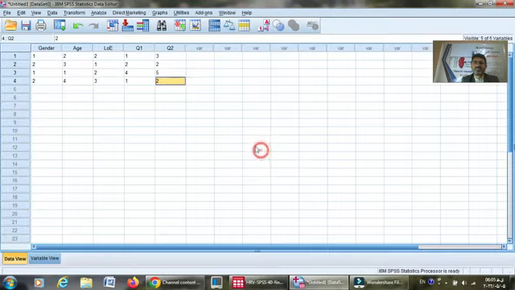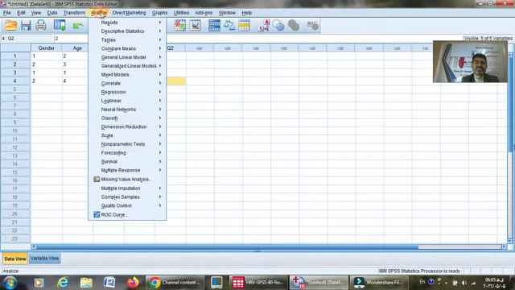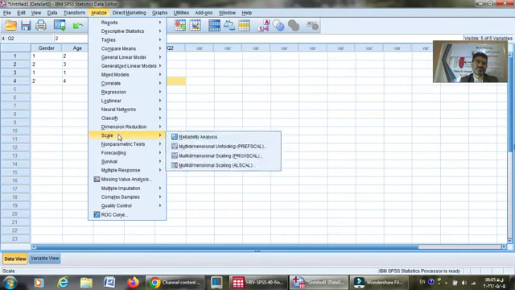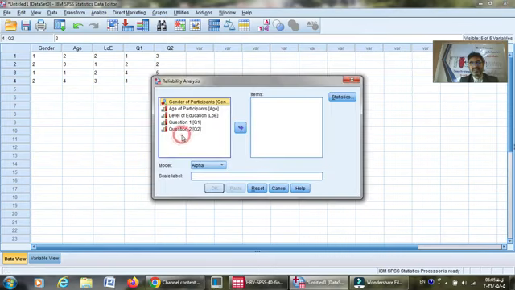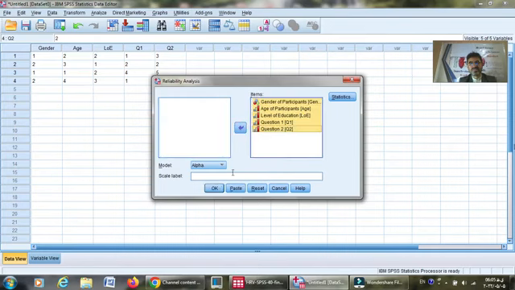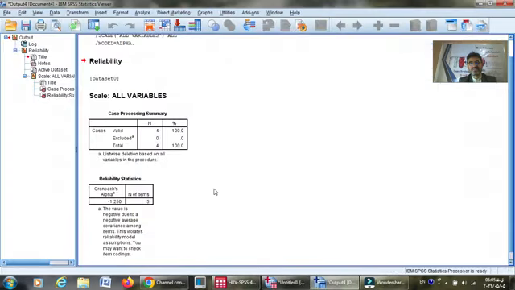And when we do some more tests, when we want to know the relationship or the differences between different variables in different aspects of our data, as I mentioned, we can test the reliability of analysis. When we go to scale, then choose reliability analysis and transfer our data into items, and we say okay.